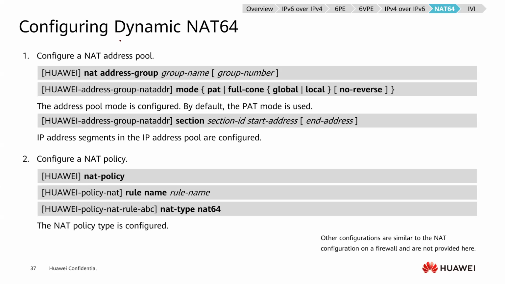And there are two kinds of this NAT, right? The first is dynamic. So for the dynamic one, you need to assign the address group for the source IPv6 to change to the source IPv4, and then you need to configure the NAT policy, because this is configuration for the Huawei USG series firewalls. So for the firewalls, you need to configure the NAT policy rule and change the NAT type to NAT64.